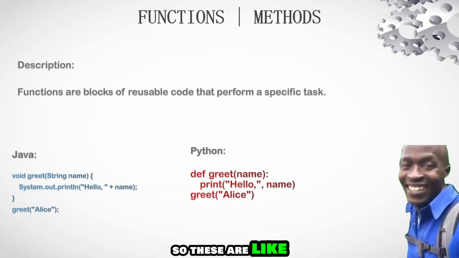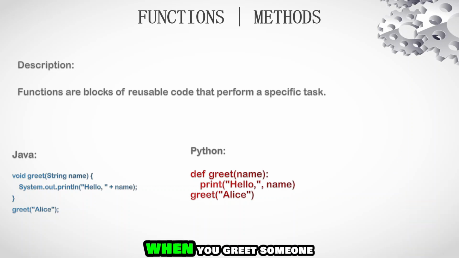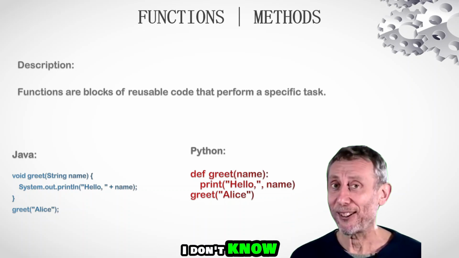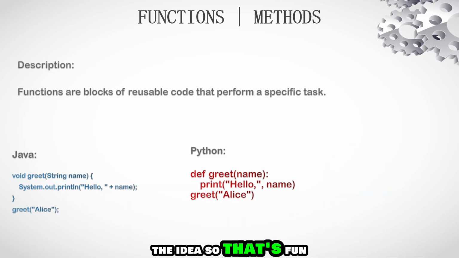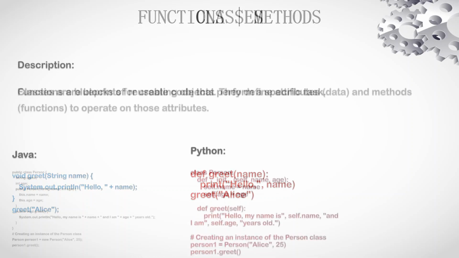These are tasks that you will do when you greet someone. Then there could be a function eat that would take spoon, choose food, put it in mouth, and so on. You get the idea. So that's functions, and they might also be called methods. Both are the same thing.